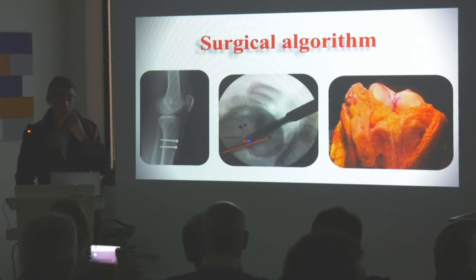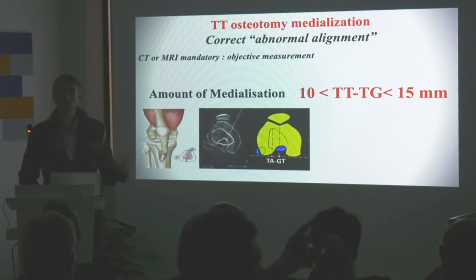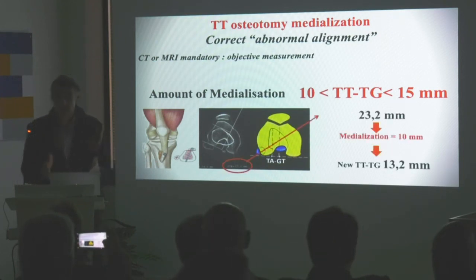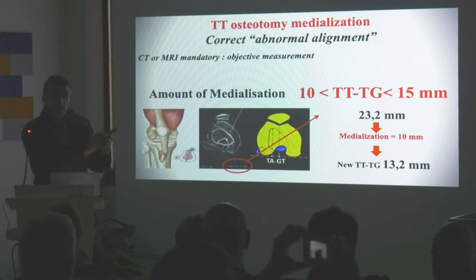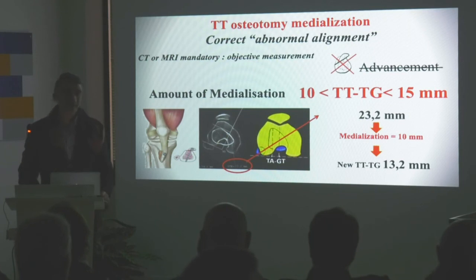So the surgical algorithm would be this one. If you have an excessive TTTG, you will correct it and you will bring it back between 10 and 15 if you use CT, between 8 and 13 if you use MRI. You correct the abnormality. It's very easy because you take the value you have on your MRI or on your CT, and you take your ruler, and during surgery you will correct it. Never do any advancement.